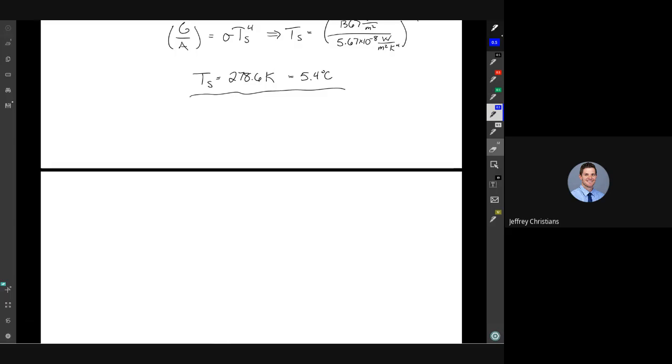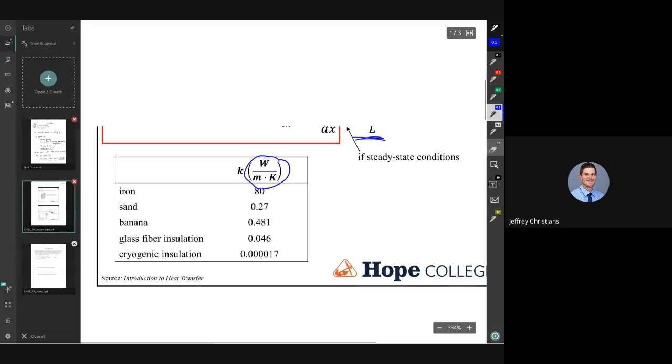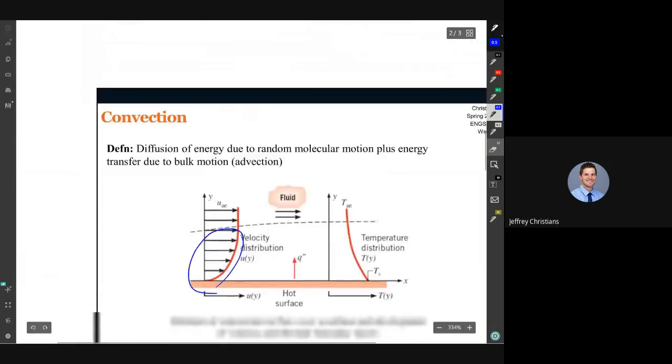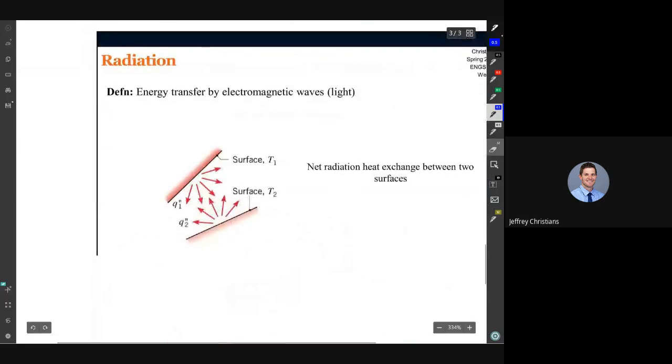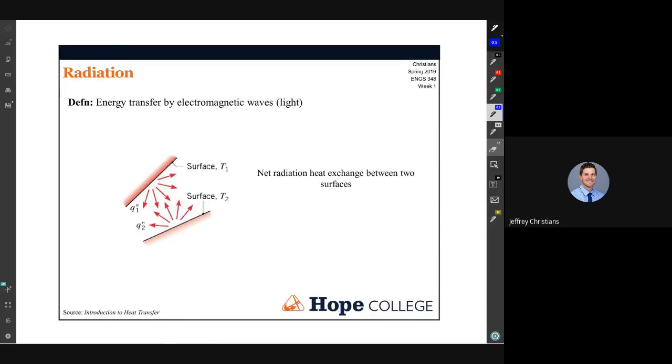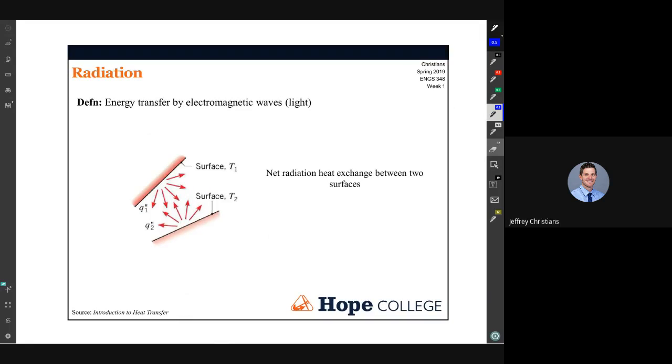Okay, so let me just show this, because you'll see this a lot in our book. In a lot of circumstances, this is kind of the picture that we'll have for radiation. You'll have two different things exchanging radiation. So let's think of you. You are emitting light, you're emitting heat.